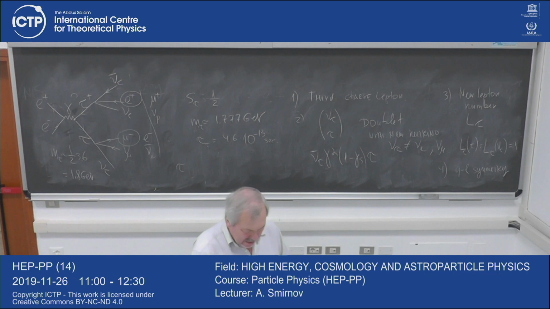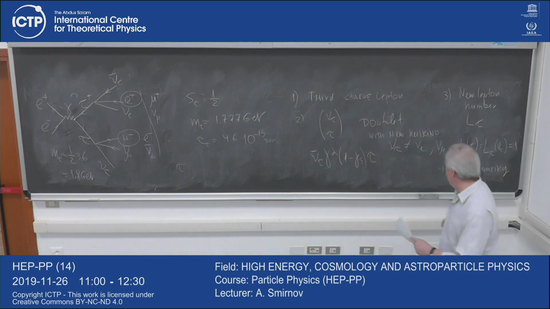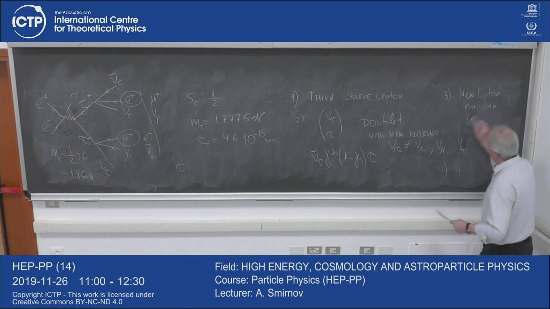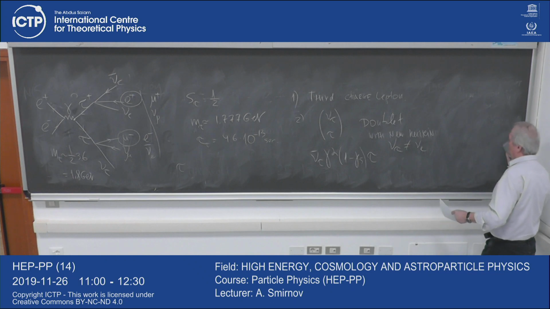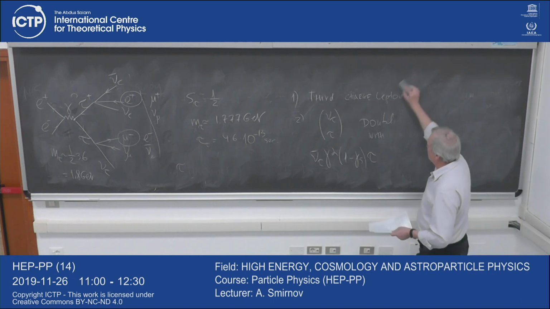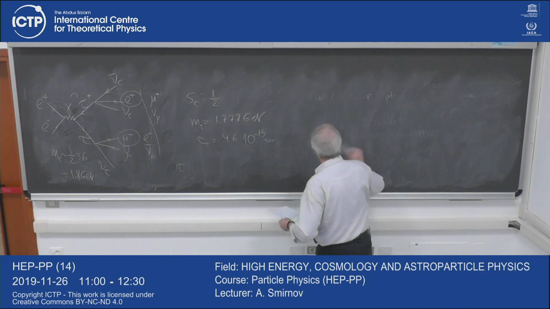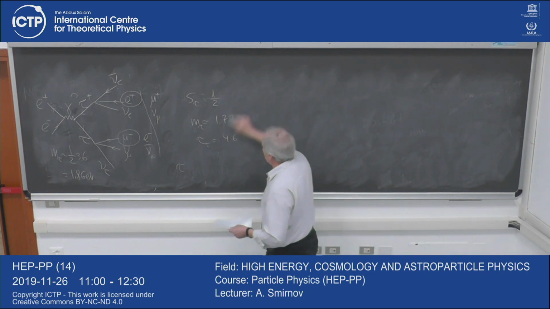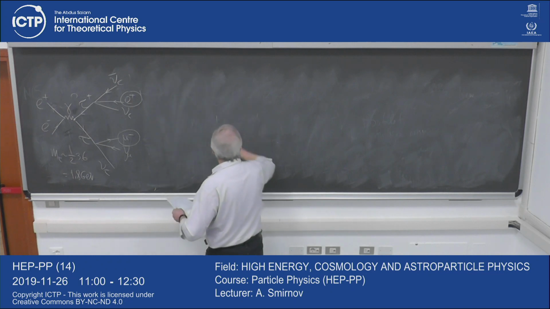Now, before I discuss discovery of B mesons or discovery of B quark, let me give you some theoretical introduction. To some extent, existence of B quark was not immediately predicted from the experiment, but B quark was introduced, and the third generation of quarks has been introduced, in an attempt to explain CP violation.